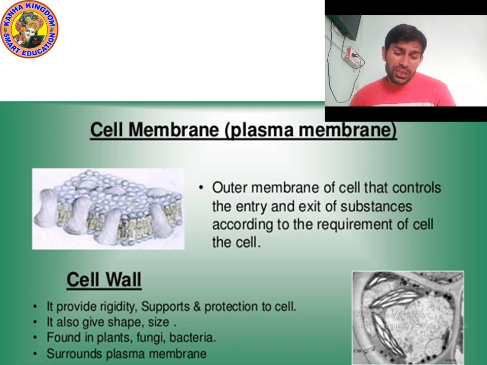Its function is to control which substance should enter and which should not. It allows the good substances and stops the bad substances, or you can say it works just like a strainer.